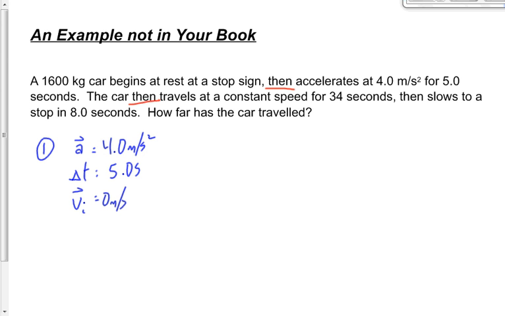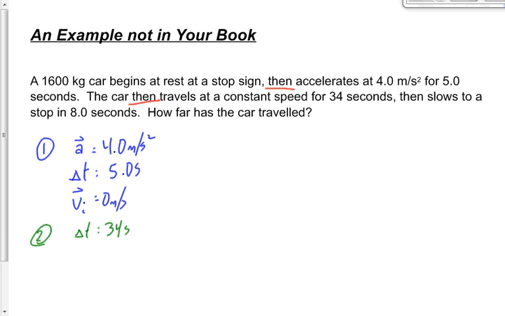Stage 2. Let's go. Write down some givens there. Constant speed, we don't know what, 34 seconds. Time is 34 seconds. Actually, let's make that a different color here. I don't think we know anything else, do we?